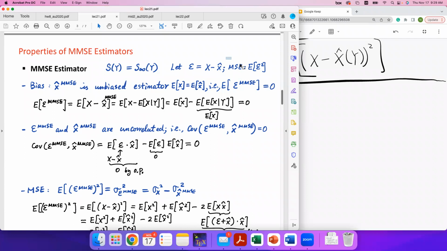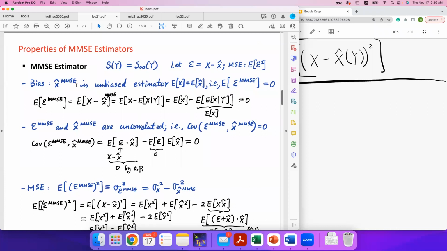The mean square error is denoted as the expectation of epsilon square, so it's the error square taking expectation. This is the MMSE framework. So we are trying to minimize this mean square error.